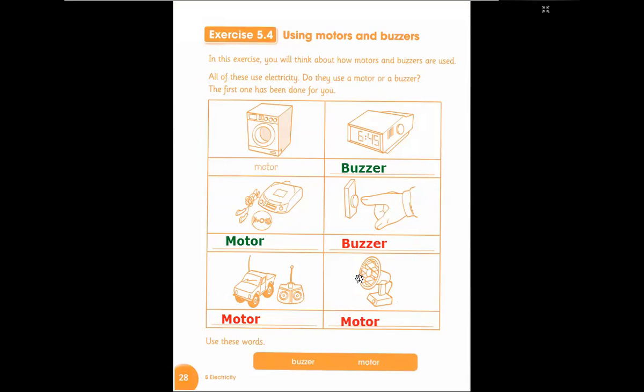Toy car and fan, they are also spinning and moving. So anything that spins or moves, it means there is a motor inside. And anything that makes sound, it means we have used a buzzer inside. So complete your activity book, page number 28.